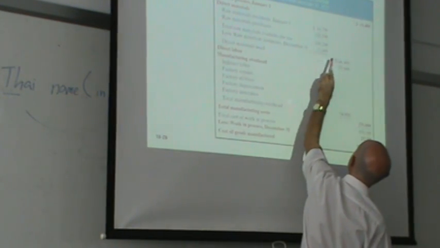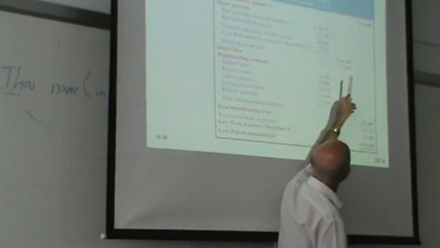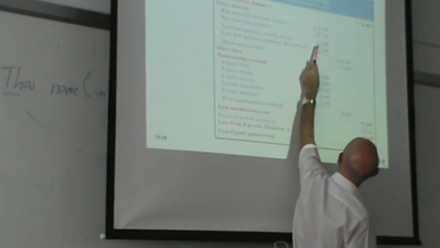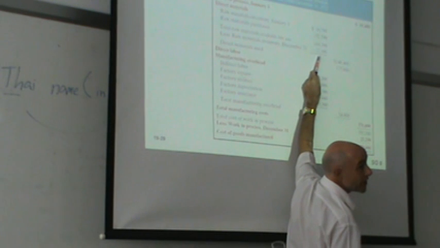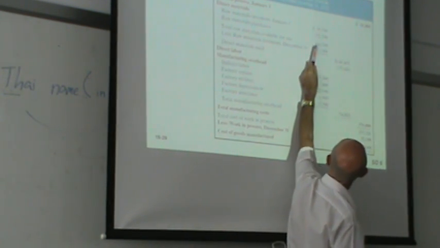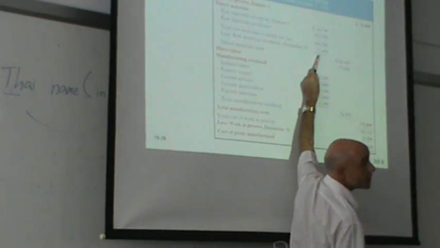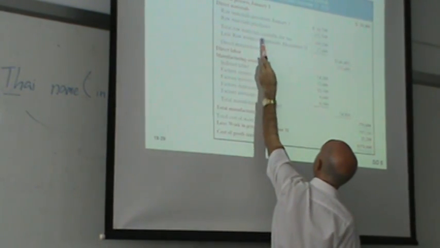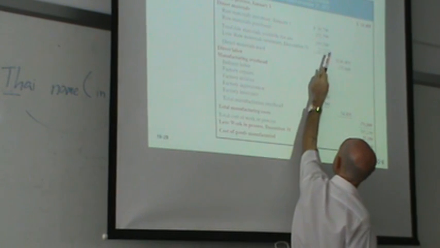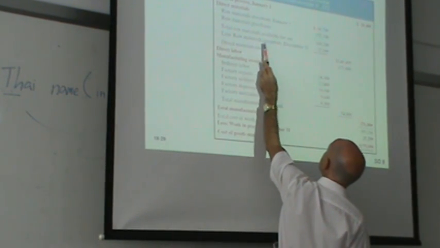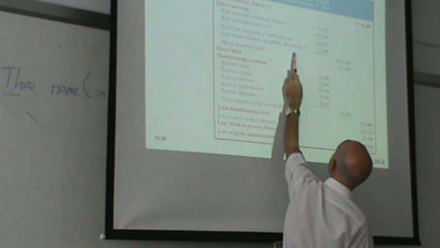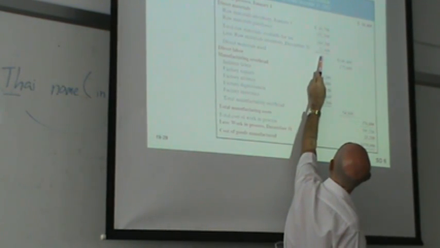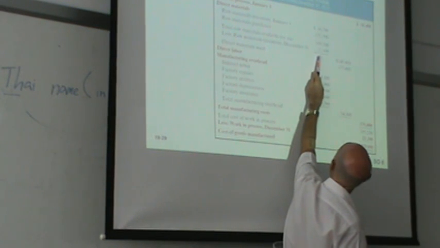This 146 is 169 minus 22. 169 minus 22 becomes 146. So, the total raw materials available for use minus the raw materials on December 31 is 22, okay?